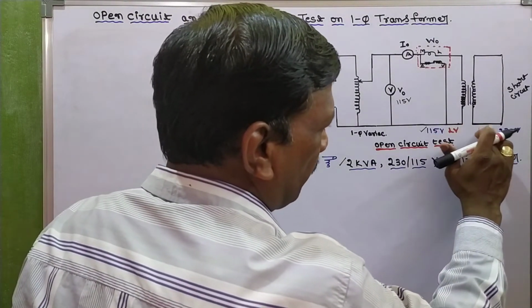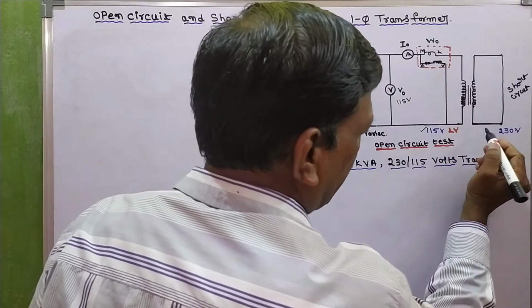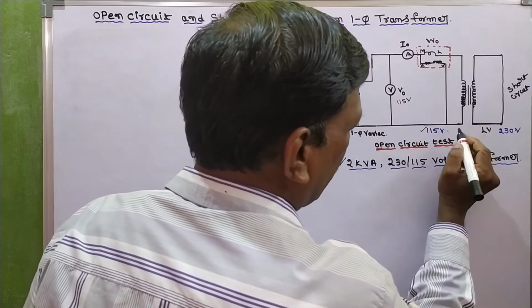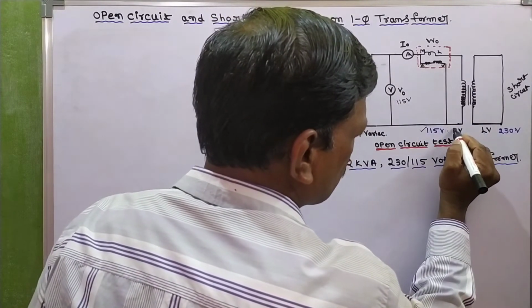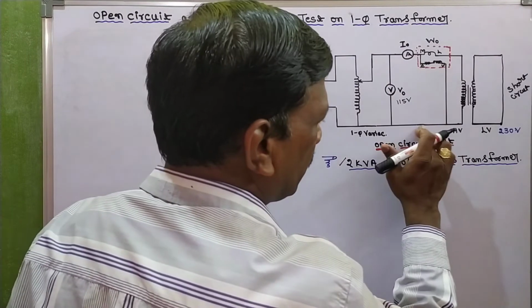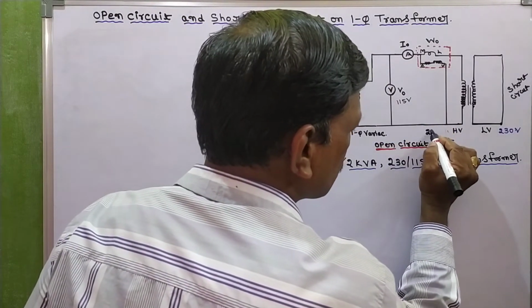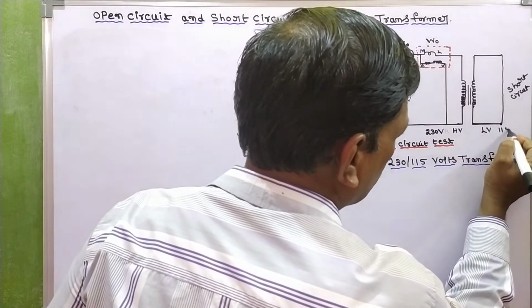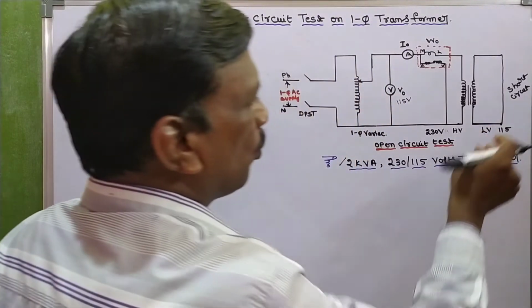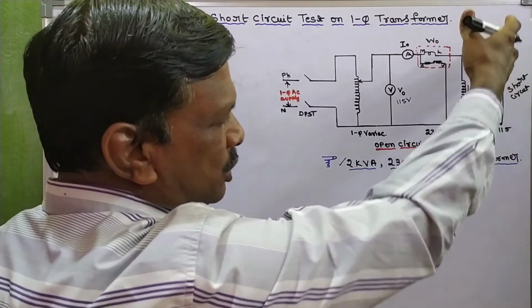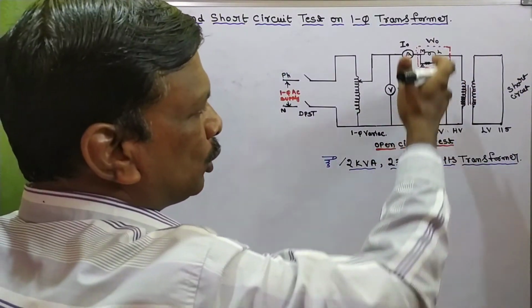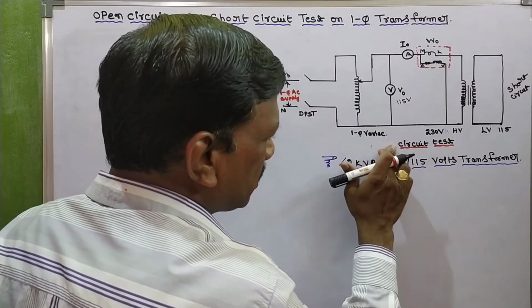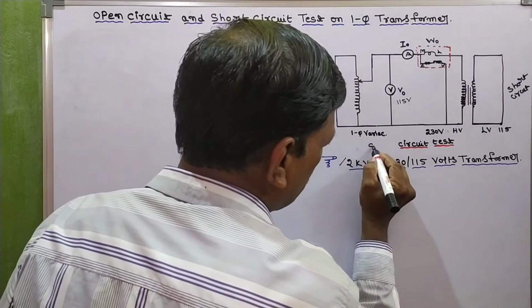So now the short circuit side or secondary side is LV and the primary side is HV. HV 230, LV 115. So now 115 volts side is short circuited and 230 volts is connected to supply.